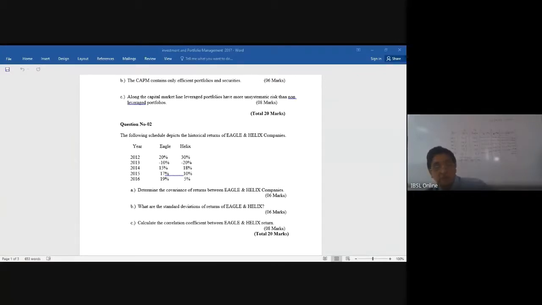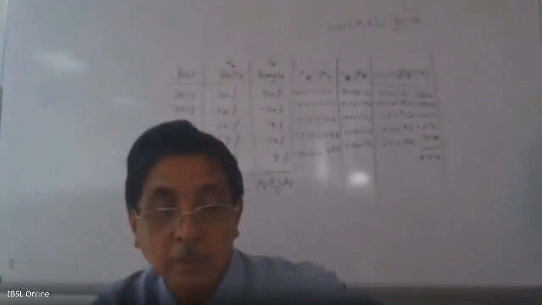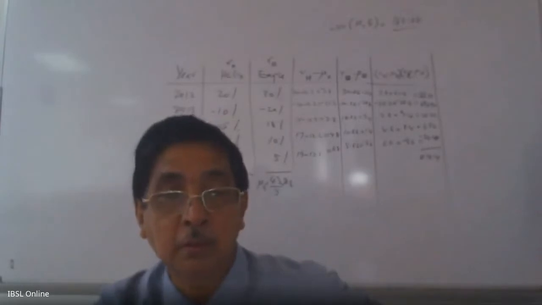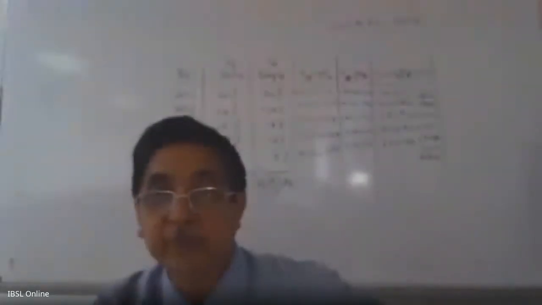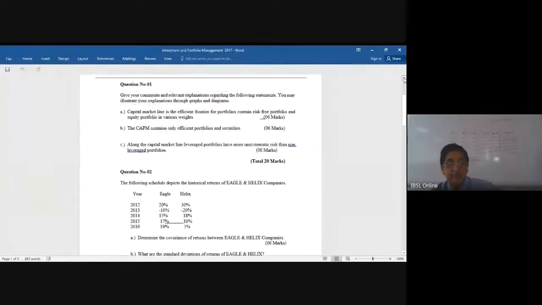Anyway, I will just go into the paper again and I will put it on the screen. This is the paper. I just completed the question number 1, and now I am in the question number 2.